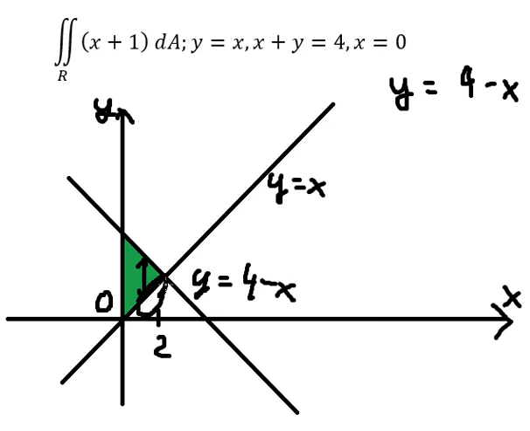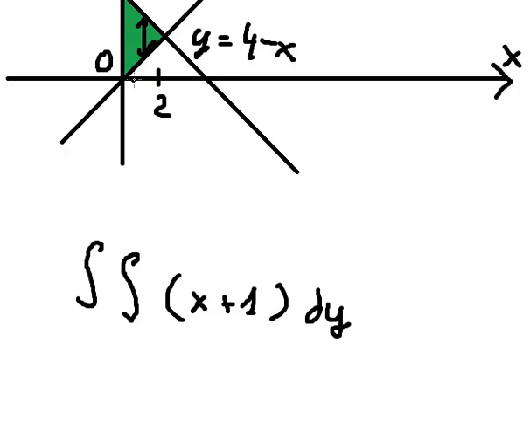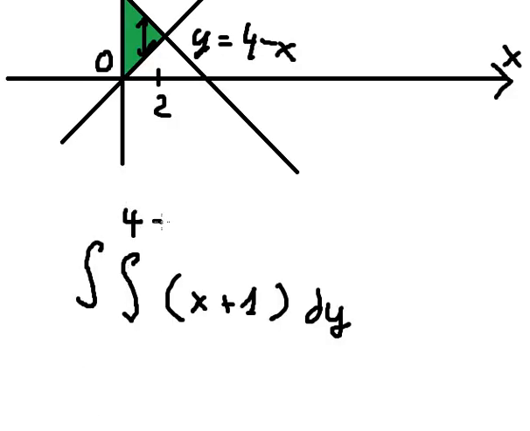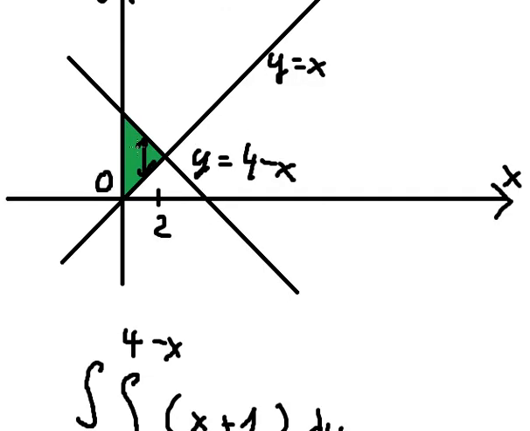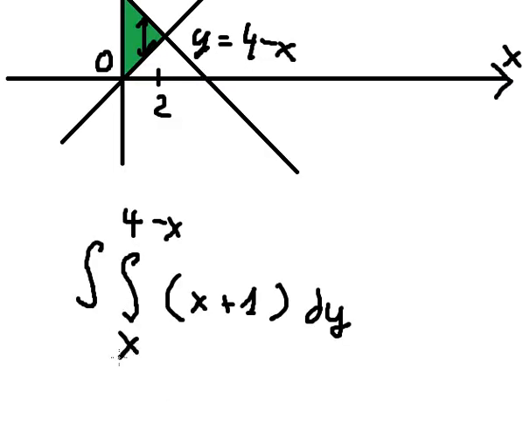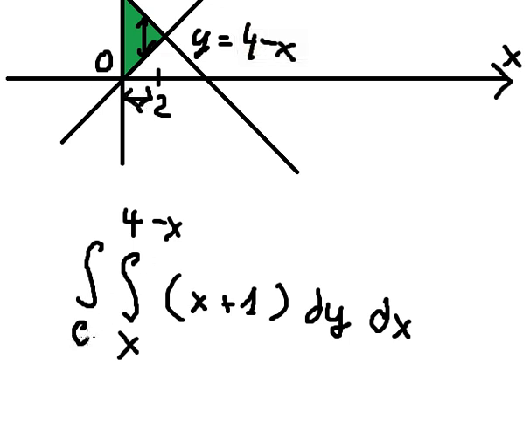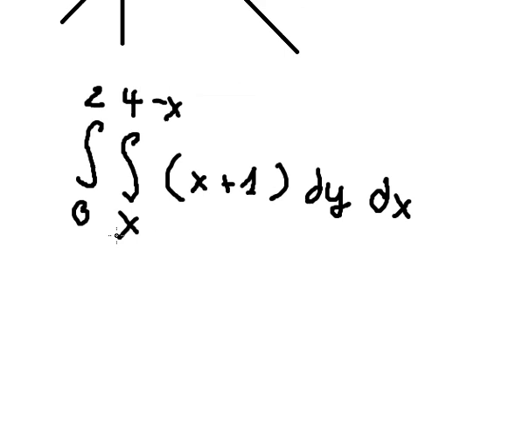So this one that is below is about the lower, and this is about the upper. So 4 minus x should be over here, and x goes here. About the x, that is between 0 and 2. So that should be from 0 to 2 in here.